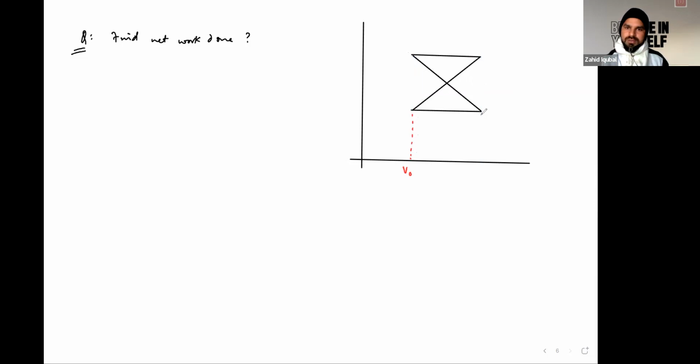This is V naught, and this is 2V naught, 3V naught. This is pressure P naught, 2P naught, and 3P naught. Let's say this is pressure versus volume graph.